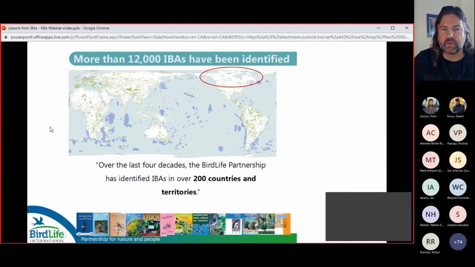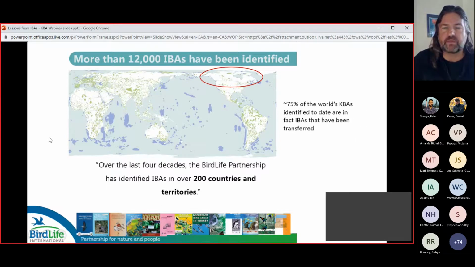So some of you may know that over the last 40 years or so, more than 12,000 IBAs have been identified around the world, both on land and at sea, as you can see in this graphic. And this has been done in more than 200 countries and territories.